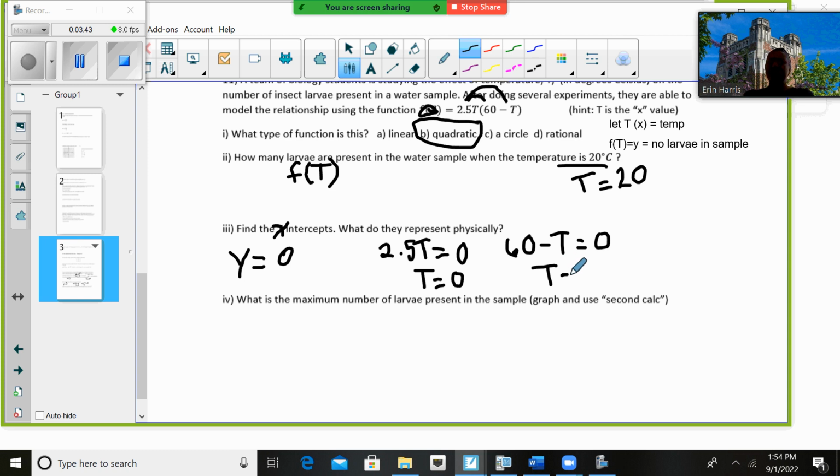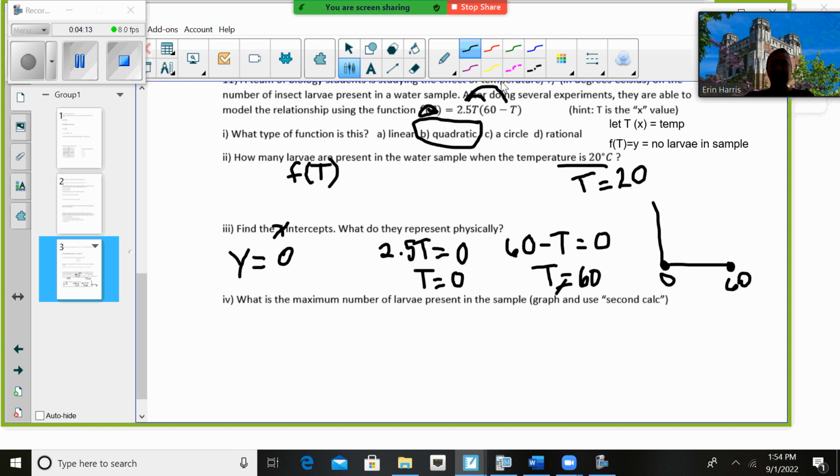Okay, so then what does this mean? And this is where, again, look at our let statement. What does it mean for y to be 0? And let's draw the picture. These are our x-intercepts. They touch the x-axis. Y is 0. Well, what does it mean for y to be 0? That would mean no larvae in the sample.